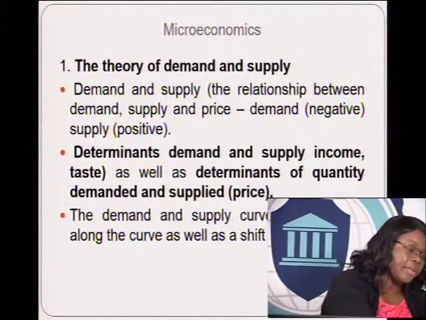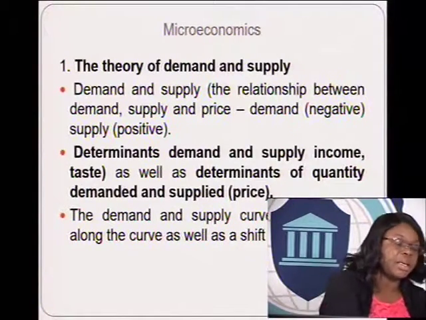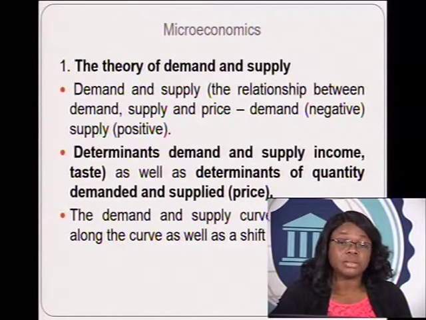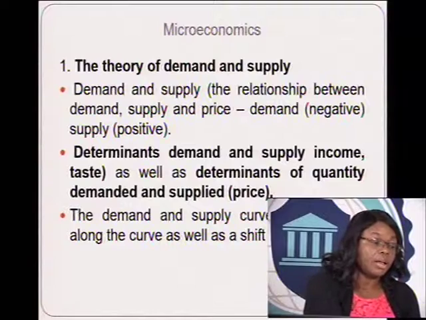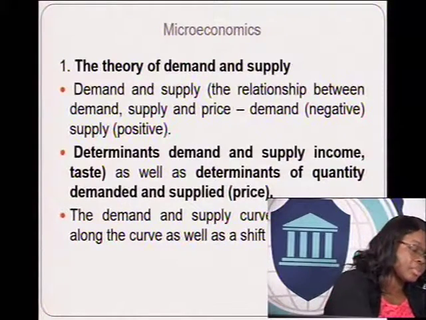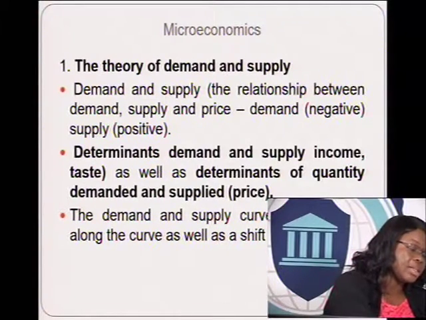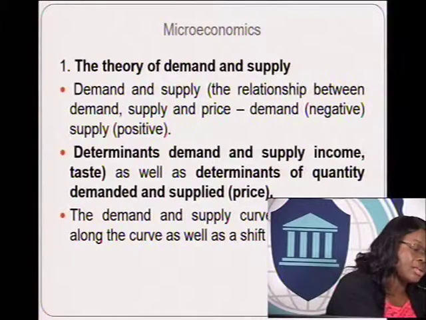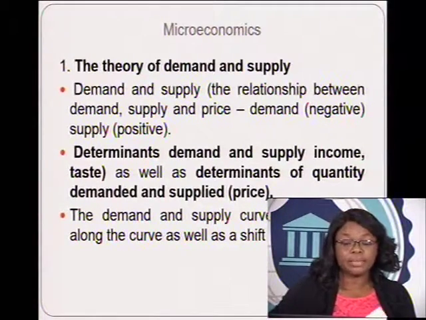This is point A, and that is point B. The movement from A to B is determined by changes in price. Also for the demand curve, that is quantity, this is price. The movement from A to B is also determined by changes in price.